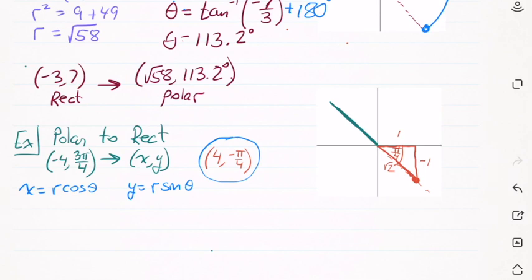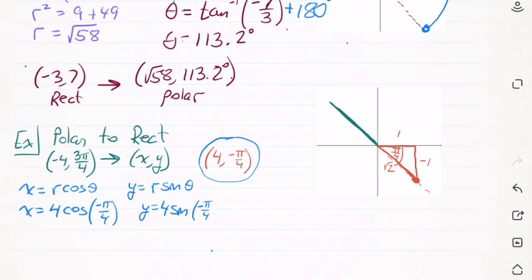So by the picture, then we get x is equal to 4, my radius, cosine of negative pi over 4. And over here, I'm going to go y is equal to 4 sine of negative pi over 4.